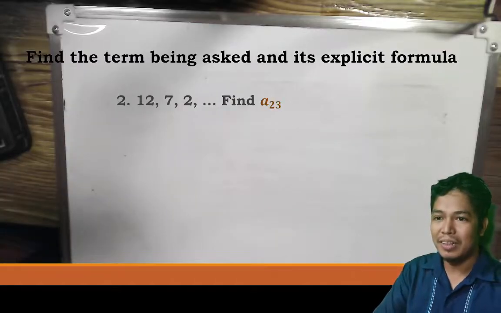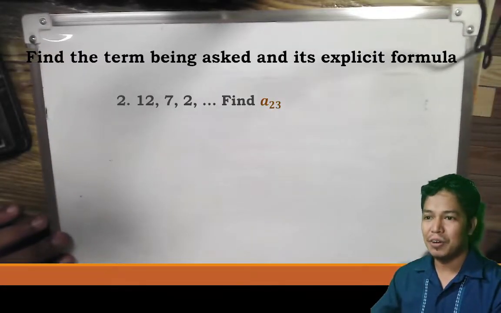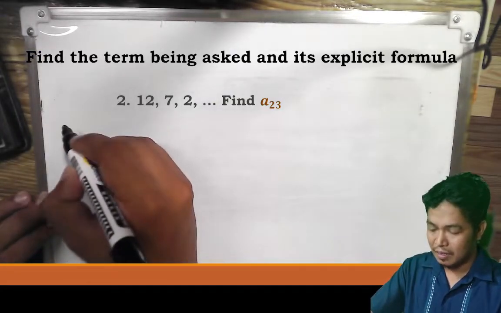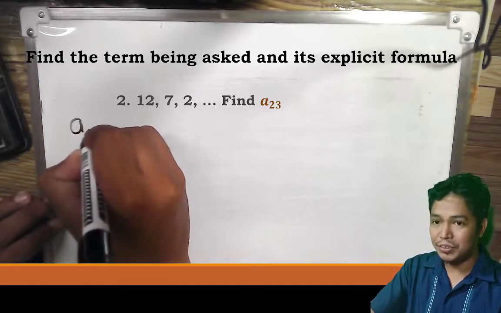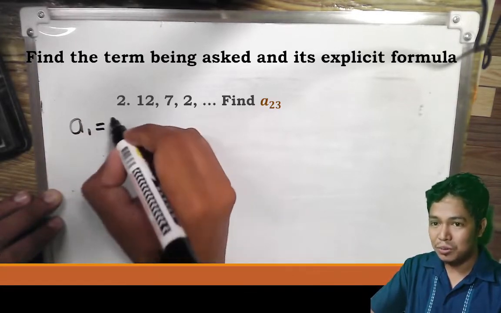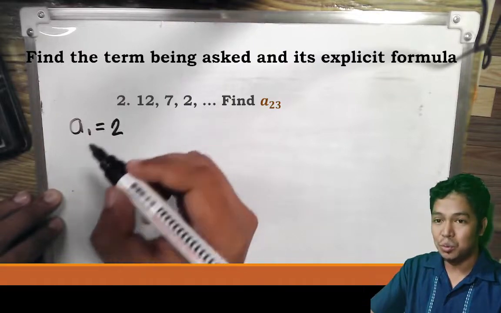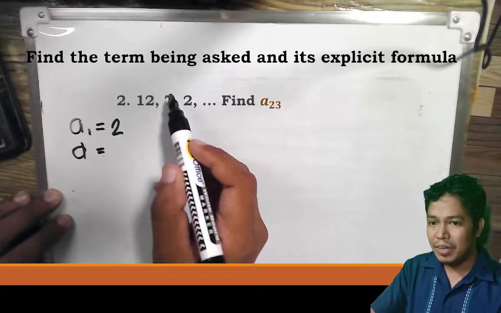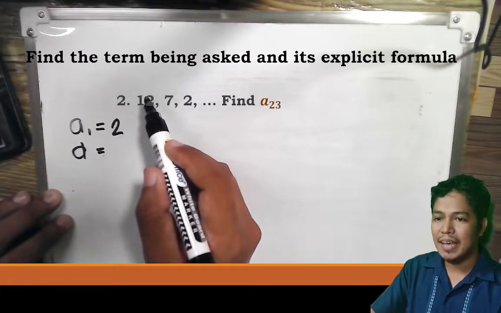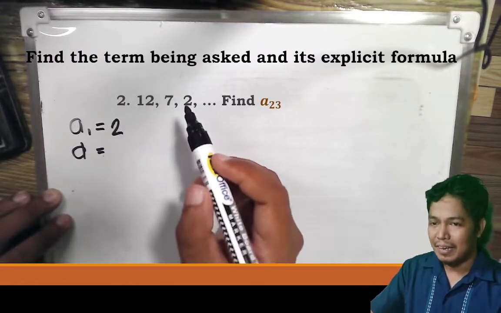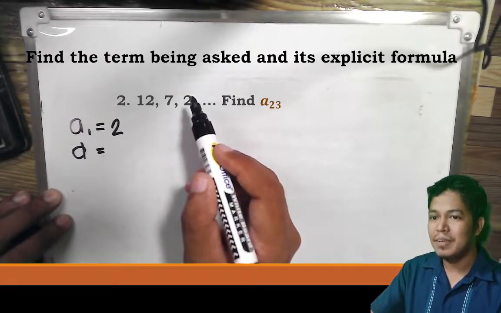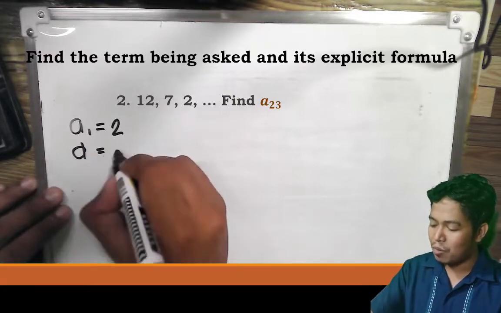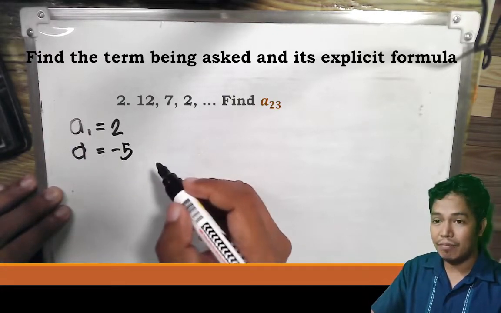Our first term is 12, and the common difference is 7 minus 12, which is negative 5. Let us check if they are the same. 2 minus 7 is also negative 5. So our common difference is negative 5.